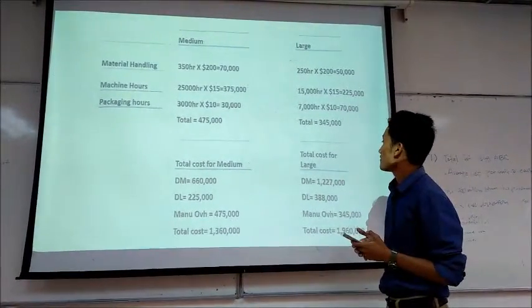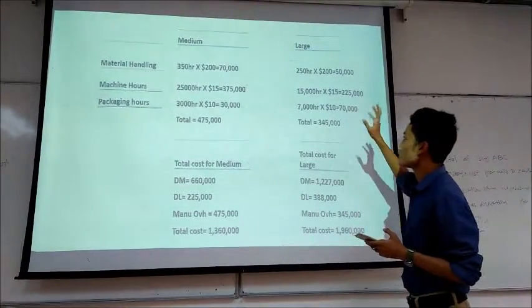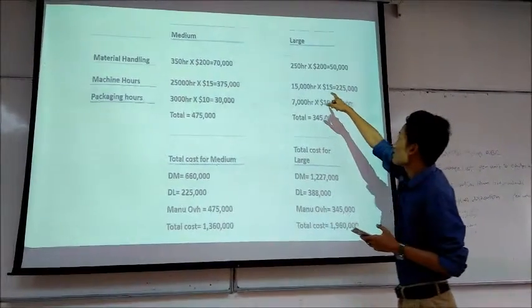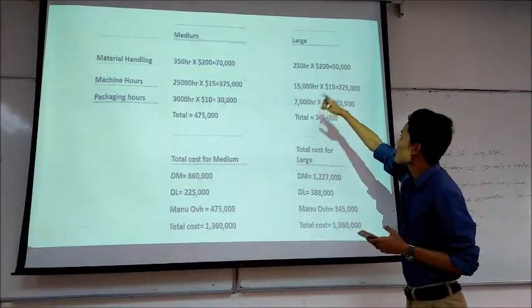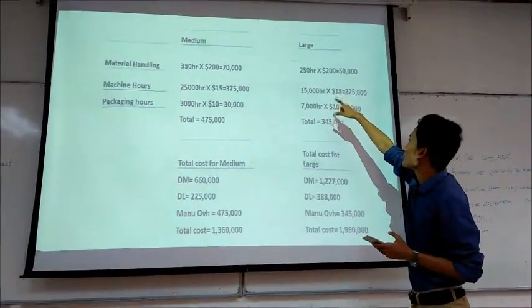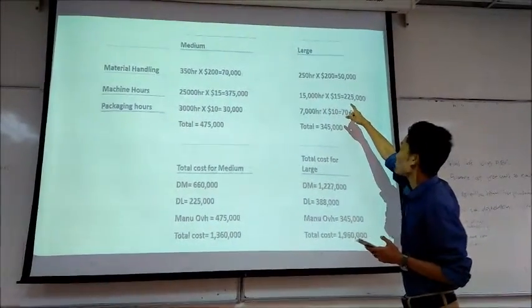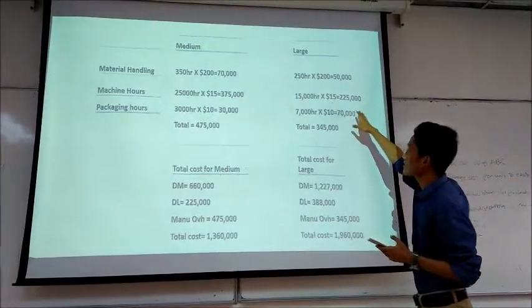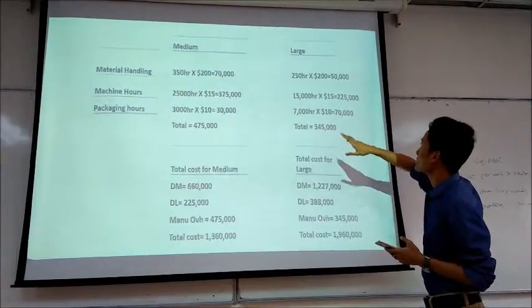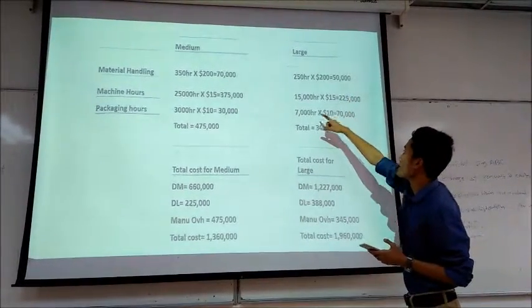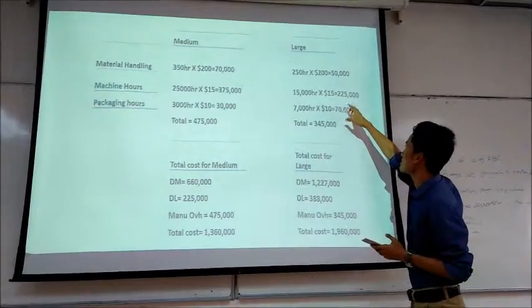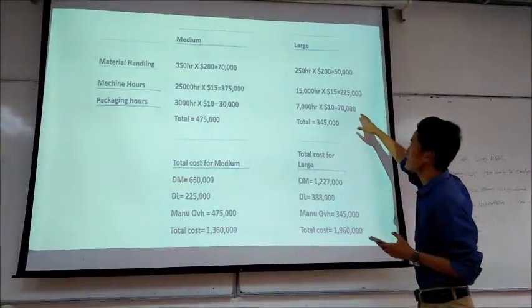So for the large TVs, you times 250 hours with $200, and then you get 50,000. And then for the machine hours of the large TVs, 15,000 hours you times with $15, and you get 225,000.